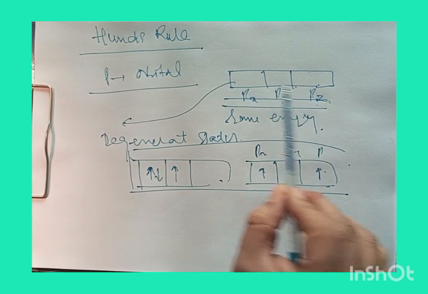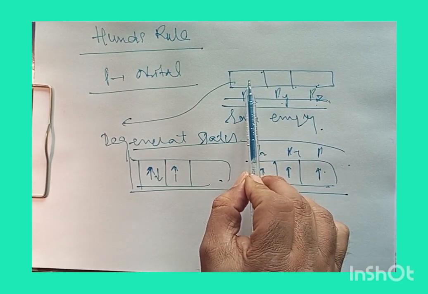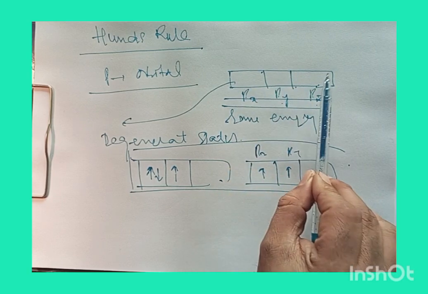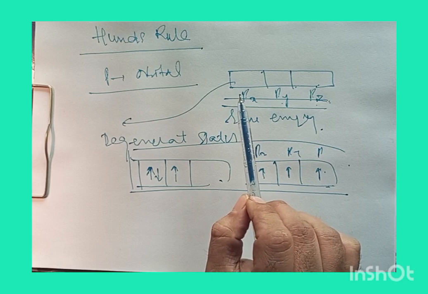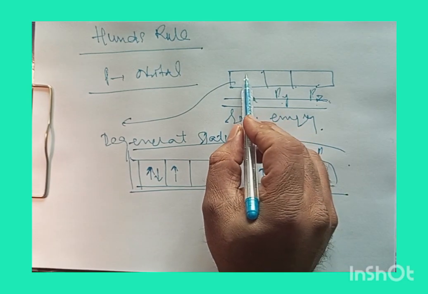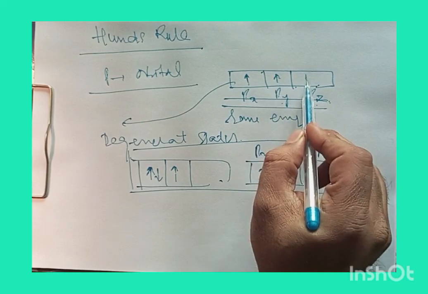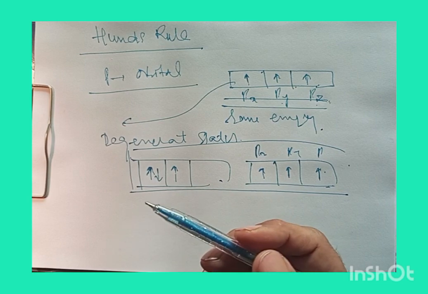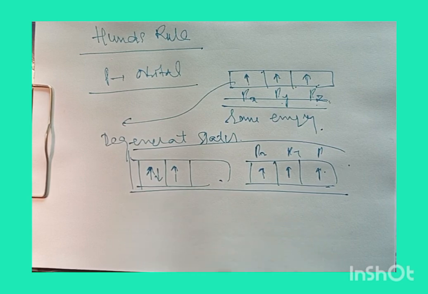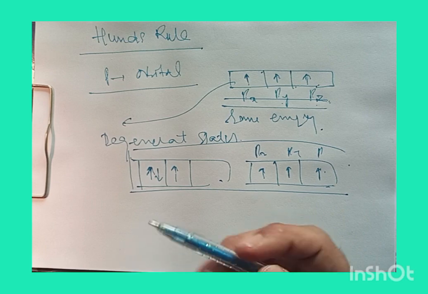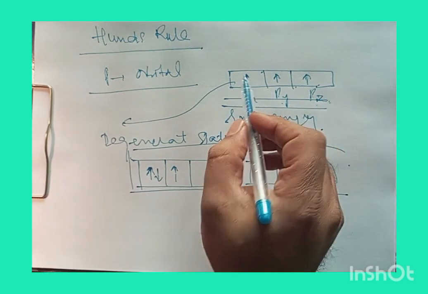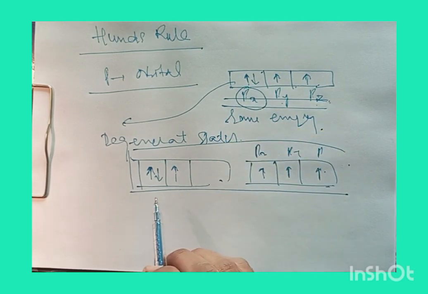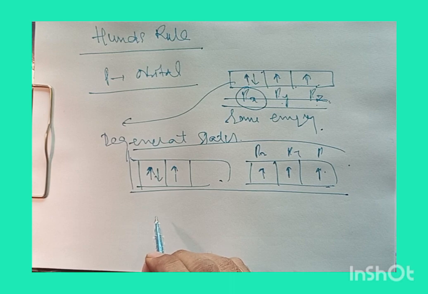So if I have four electrons, the first three electrons will occupy the three orbitals separately first, with parallel spins. And the pairing of the electrons will start only after all the orbitals of the given level are singly occupied. Now the fourth electron will start pairing with the first one. So this is what Hund's rule states.